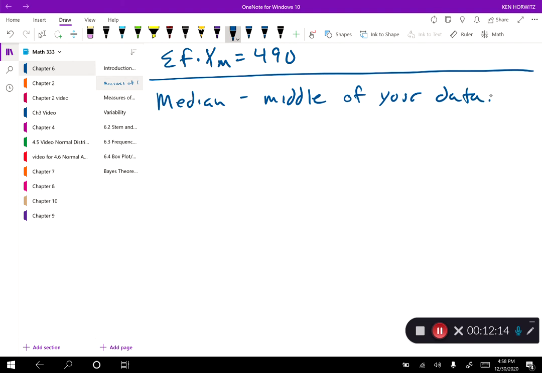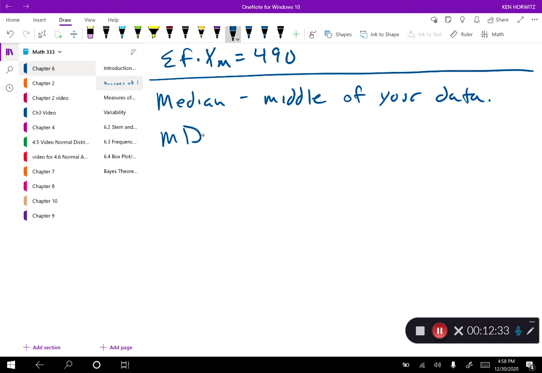I like to say the middle of your data because it's not necessarily always a value in your data. The symbol for median that's most commonly used is MD. If you use that symbol, pretty much everybody would know you were talking about median.